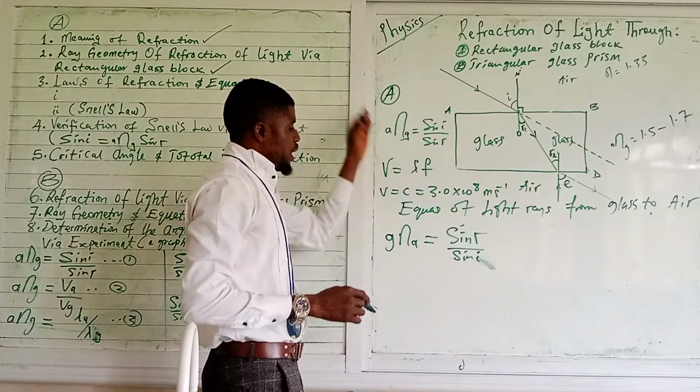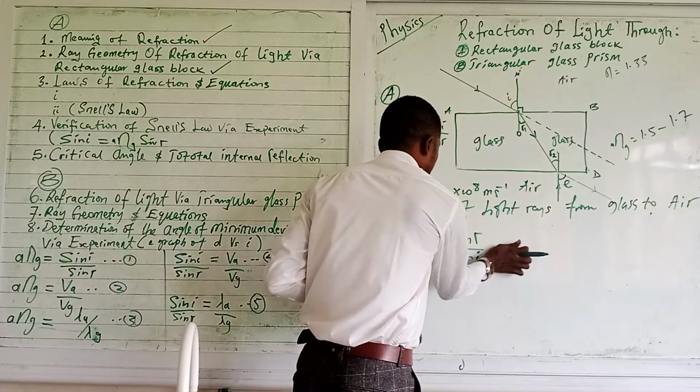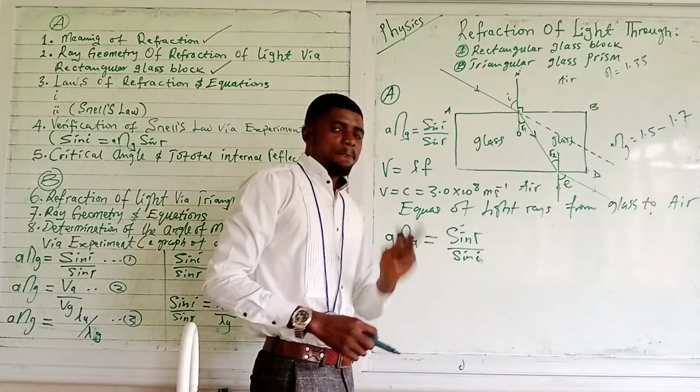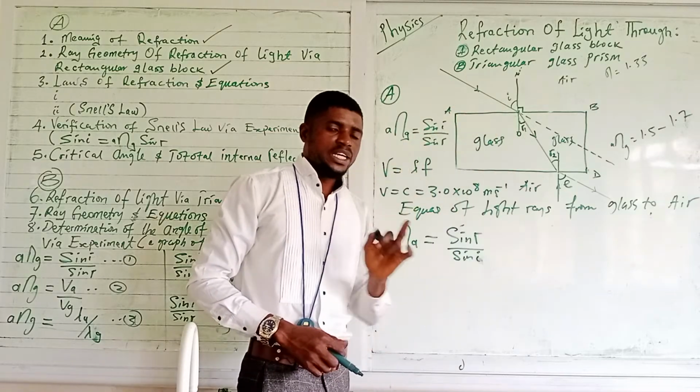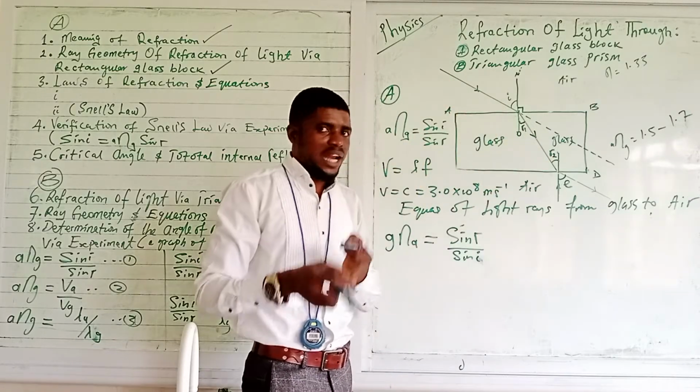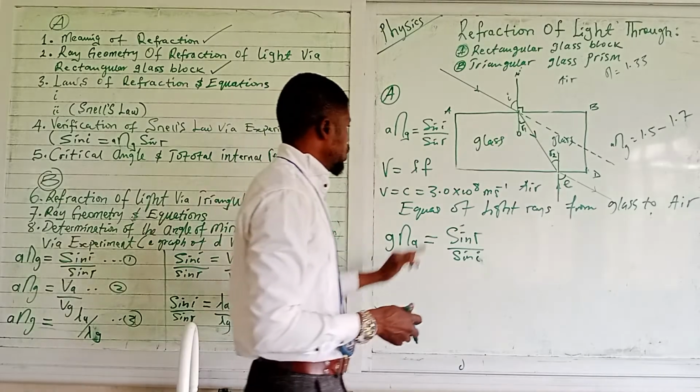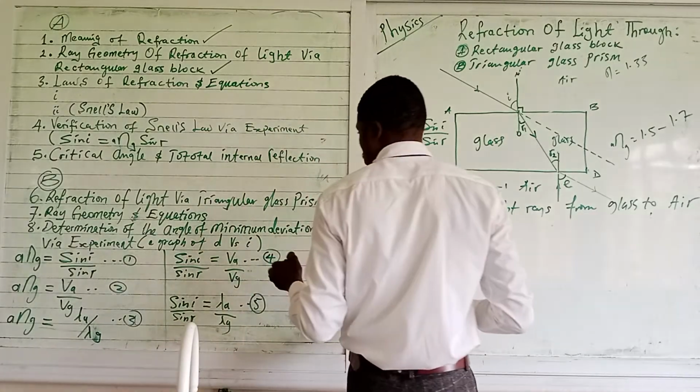Please take note. A good number of students get it wrong when it comes to this. Be mindful of where the ray of light is coming from. Is it from air? Is it from glass? Be very, very careful.